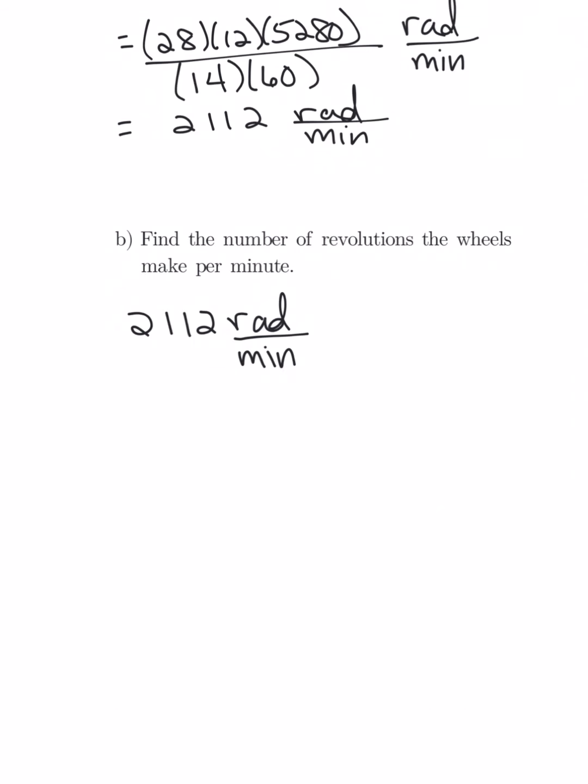So what we really need to do is just take this answer and get radians out of it. So we are going to use the proportion that we know and take this times 1 revolution equals 2 pi radians.